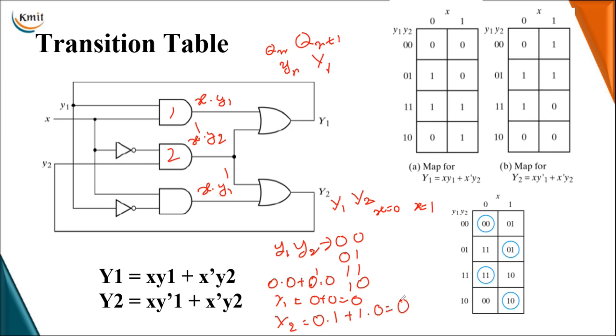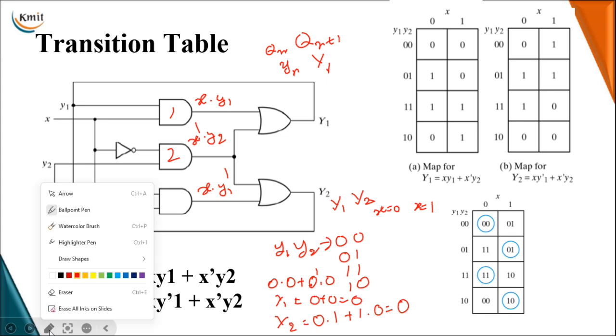Hence the next state for input x equal to 0 with present states y1, y2 both 0 is 0 0. Hence in the first square we substituted 0.